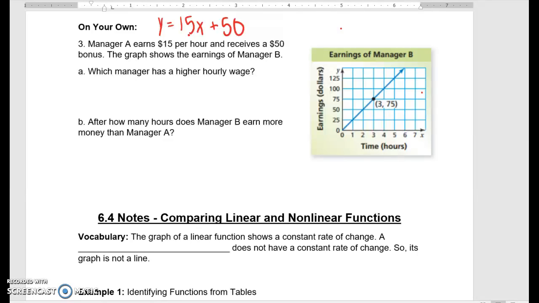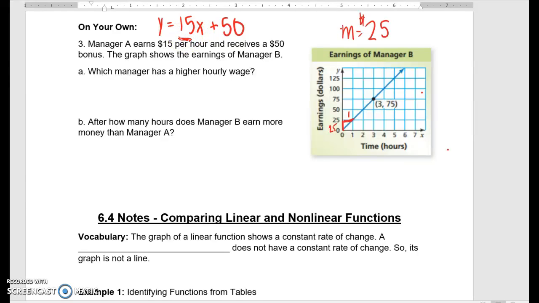And then I'm going to figure out my slope over here. So my rise is 25. My run is 1. So we have 25, 1. So 25 divided by 1 will give you 25. So manager B is earning $25 an hour, and manager A is earning 15.